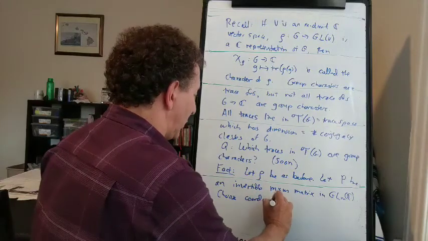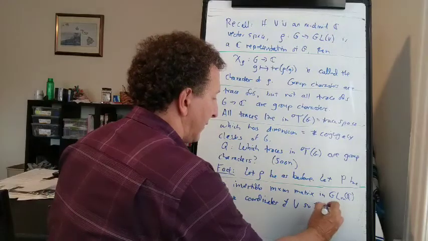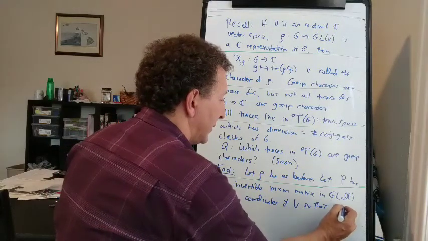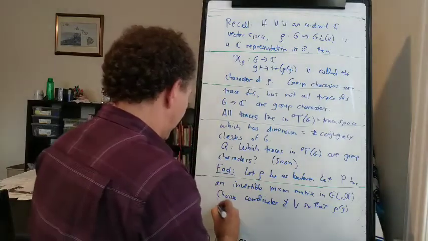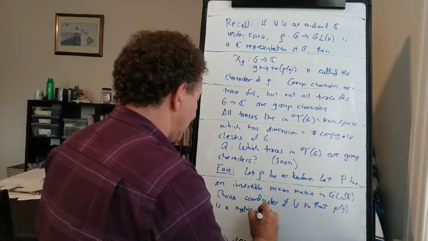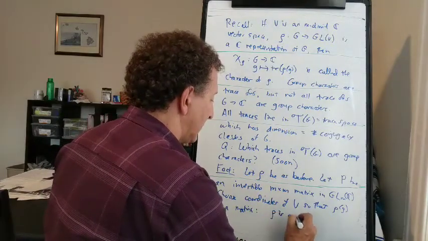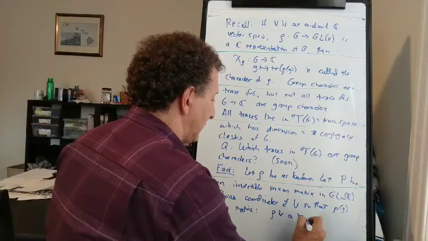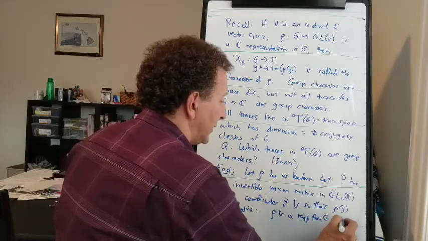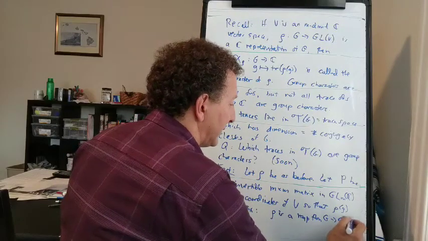So let's choose coordinates of V so that rho of g is a matrix. So rho is a map from G to GL_m(C).